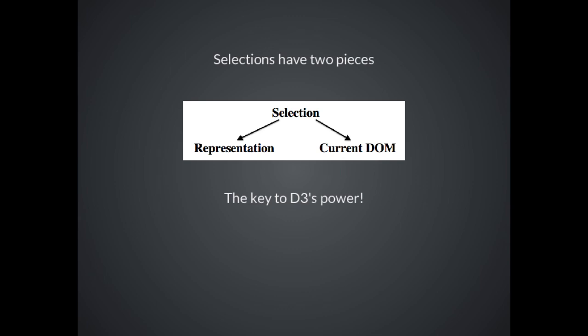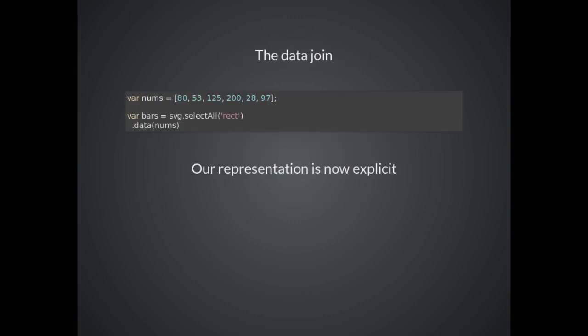So as you can imagine, knowing both pieces is going to be really important for D3 because it's going to let D3 compare the two sets, right? And this is kind of the key to its power. And this brings us to the data join, which goes back to the original code that I showed you.